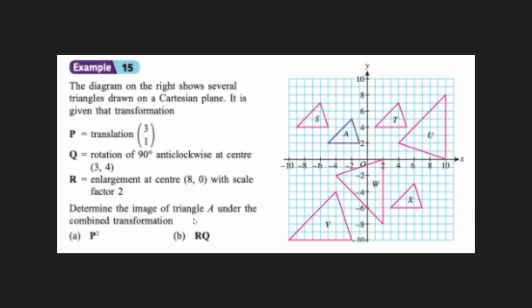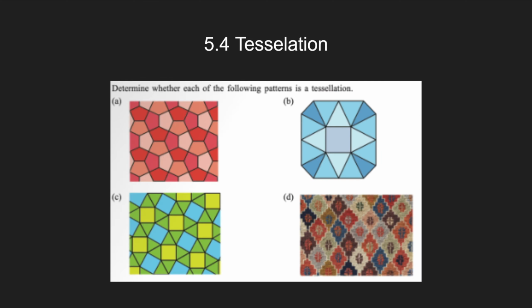Next, tessellation. For tessellation, determine whether each of the following patterns is a tessellation. For the first question A, it is a tessellation consisting of pentagons only.